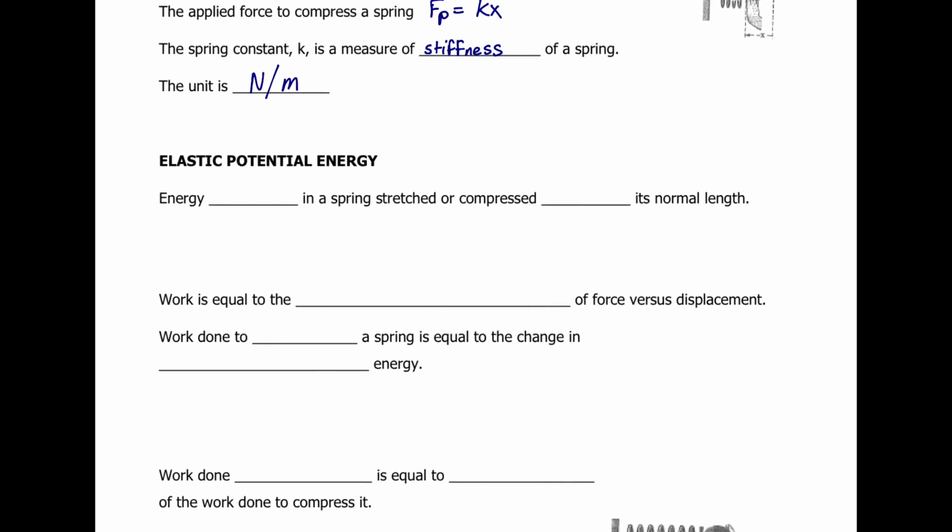Okay, the new thing is the energy stored in a spring when you compress it beyond its normal length. So if you compress a spring, you're giving it energy, and if you stretch a spring, you're also giving it energy. And it has this formula.